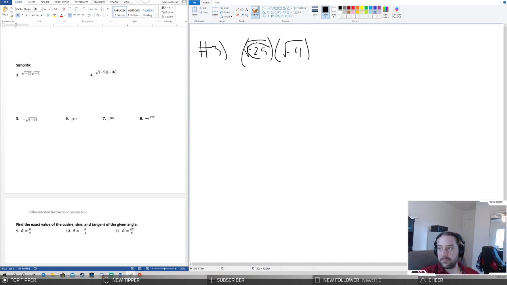So we have to simplify what's inside here first, because we have to do exponents first. Order of operations: parentheses, exponents, then multiplication. Simplifying that gives me 5i. Simplifying that gives me 2i. So then that's going to be 10i squared, which is negative 10.